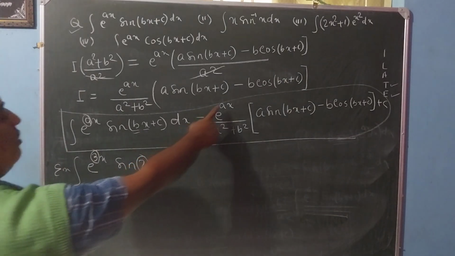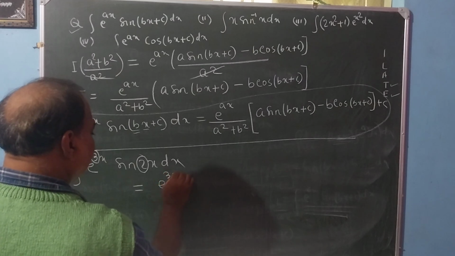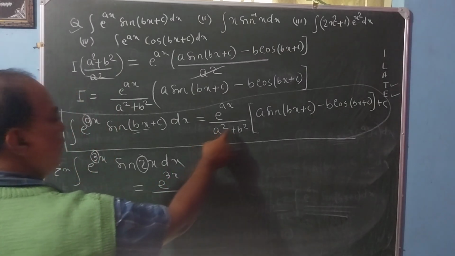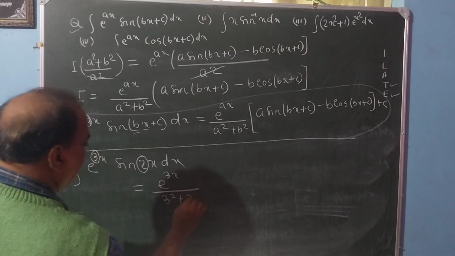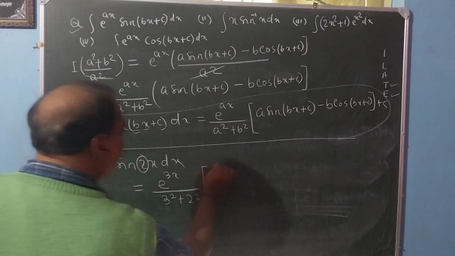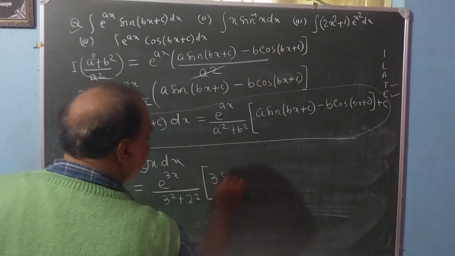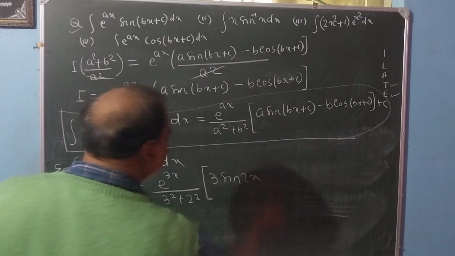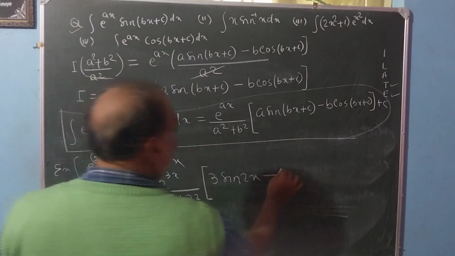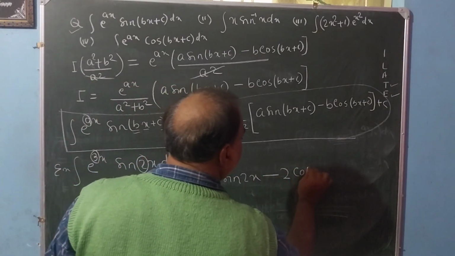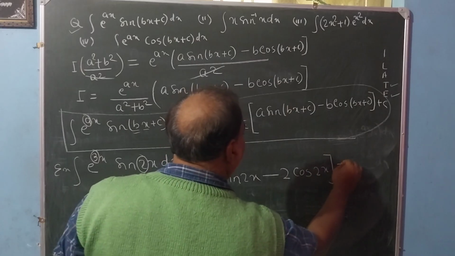So applying that formula, we get e to the power 3x divided by a square plus b square, 3 square plus 2 square, whole into a sin, a means 3 sin 2x, minus b, b means 2 cos 2x, plus c.